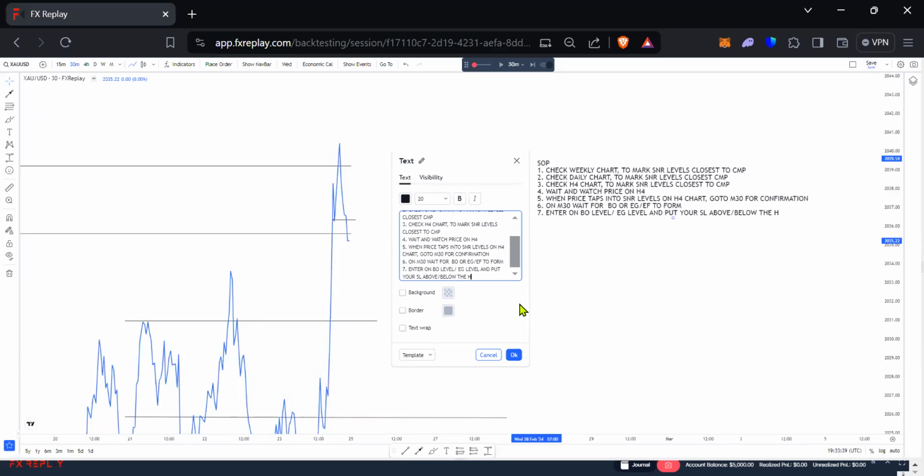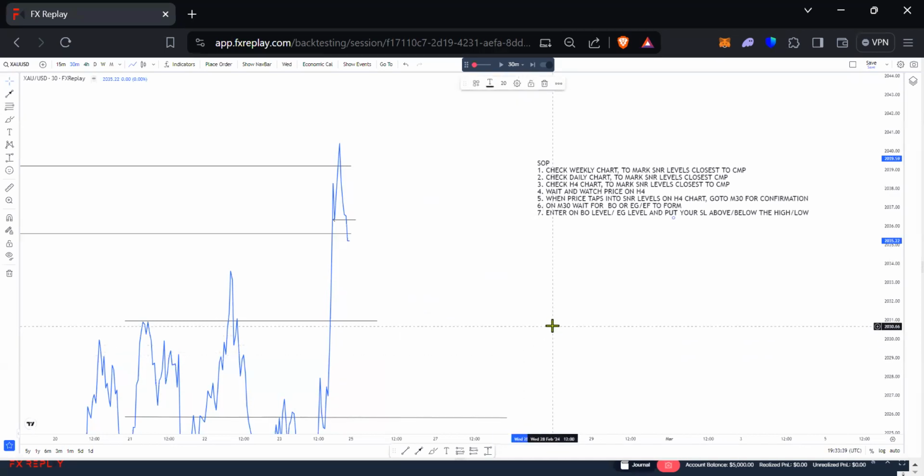Above or below the I slash the low. That's what you want to do in this instance.